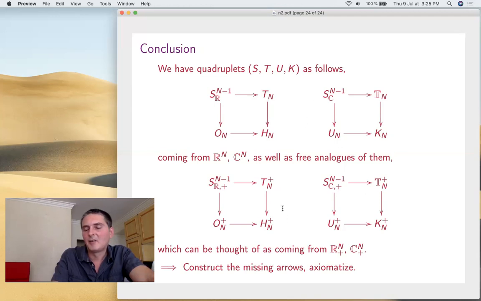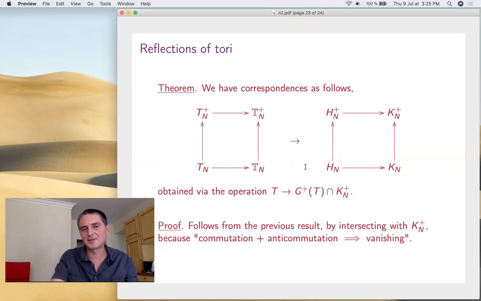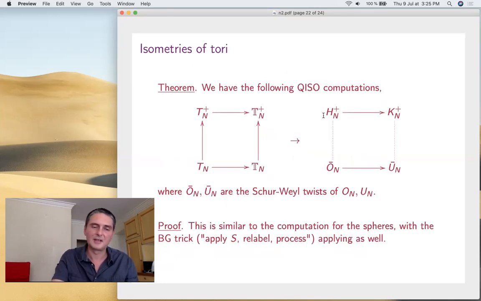What's left is to construct, of course, the missing arrows. There are like 8 of them, and then to axiomatize what we found. For the missing arrows, there are actually 2 tricks, two things which are subtle. So this was the first thing. When you see this, you say, wow, I won't be able to do this.